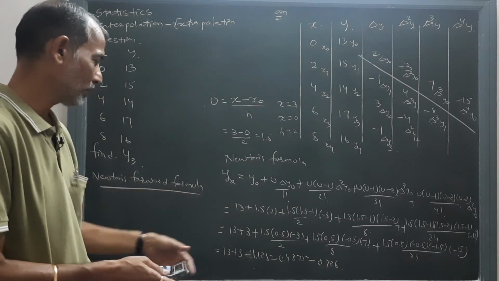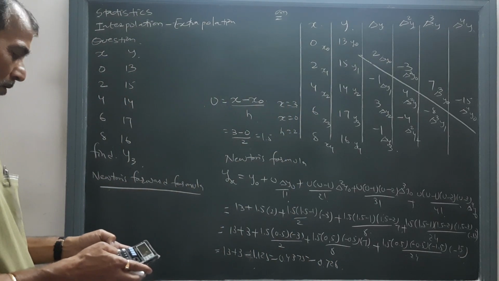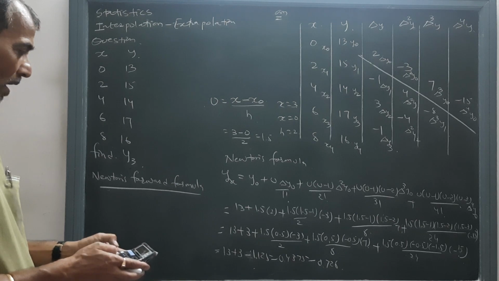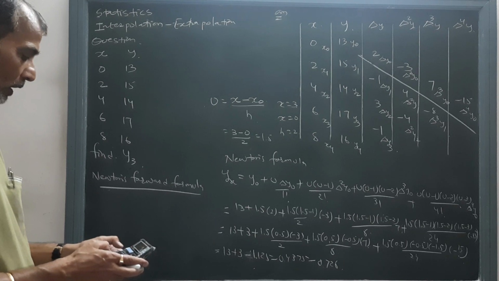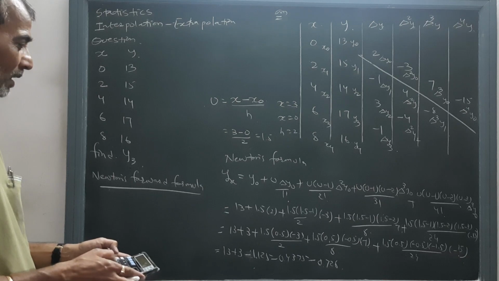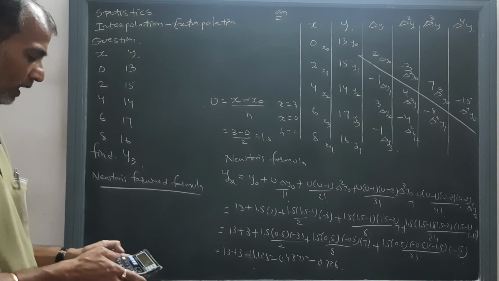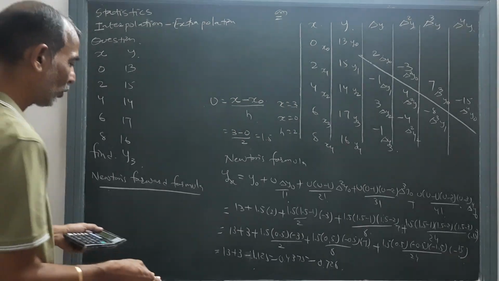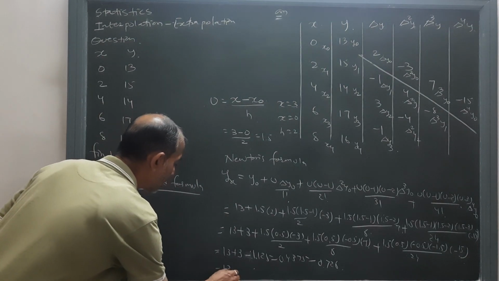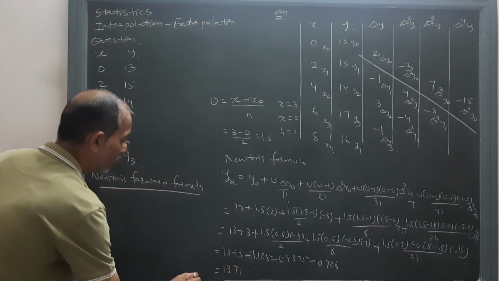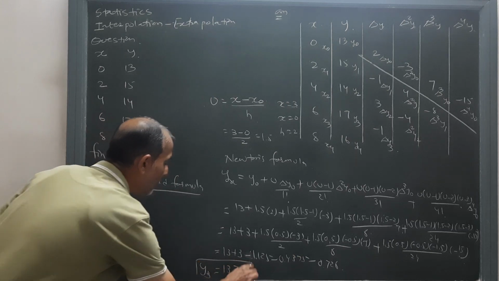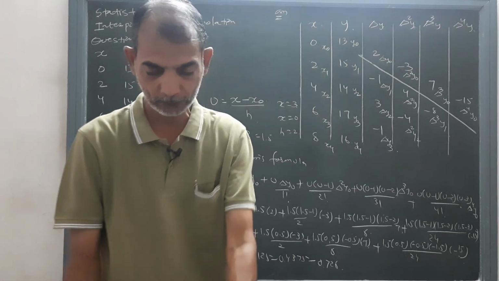So 16 minus 1.125 minus 0.4375 minus 0.726 gives 13.71, which is equal to y3.